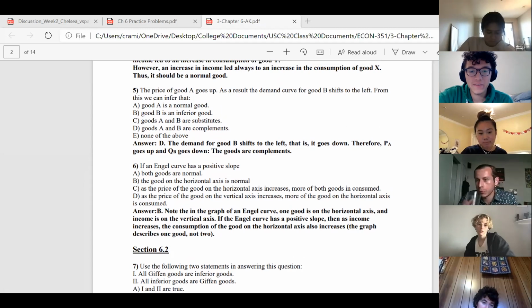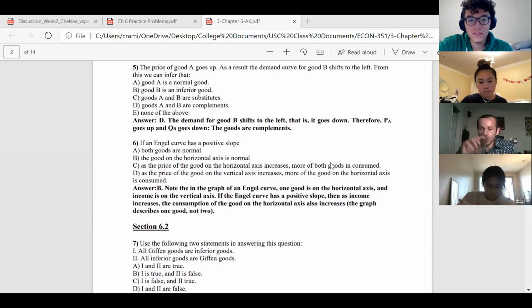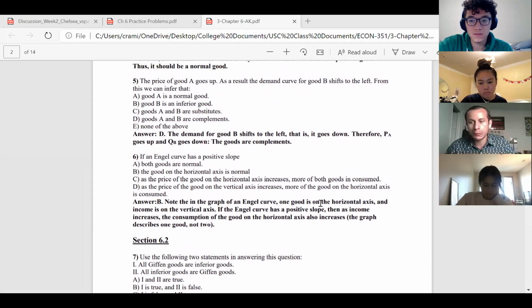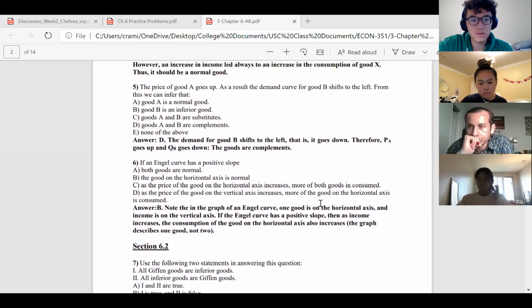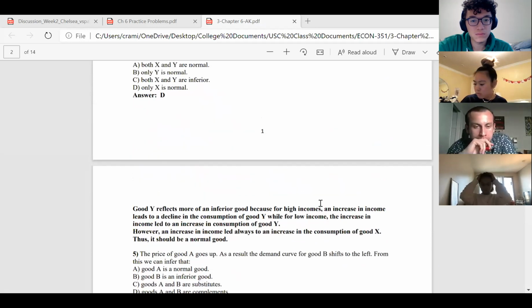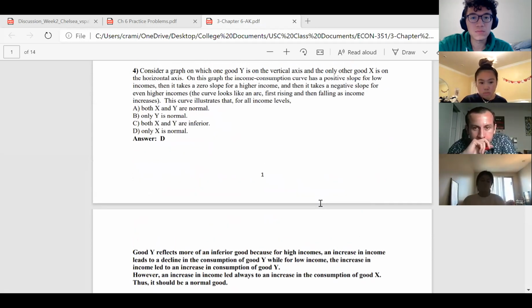You're good. For the ones where there's two goods graphed, how do you tell the income? I'm kind of confused on that. Not with this specific problem, but just in general. I don't understand how, specifically with the y-axis, you tell the income.